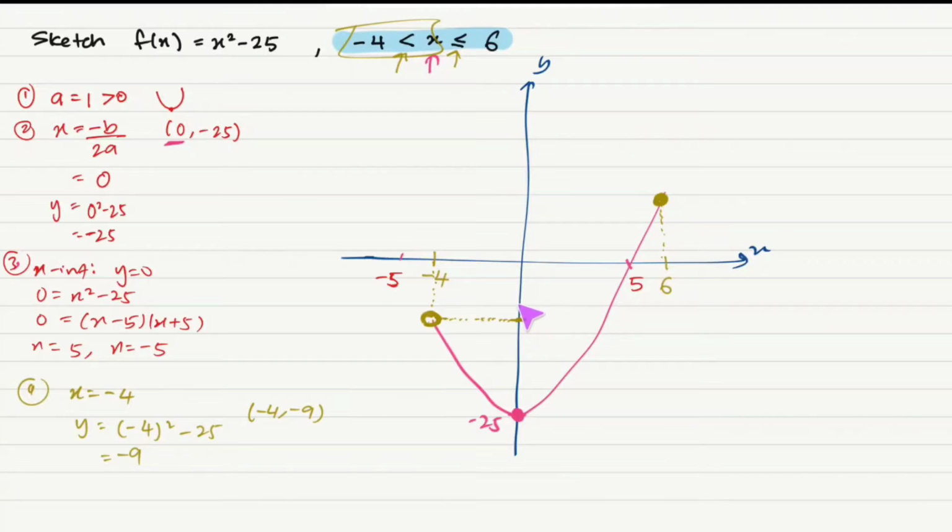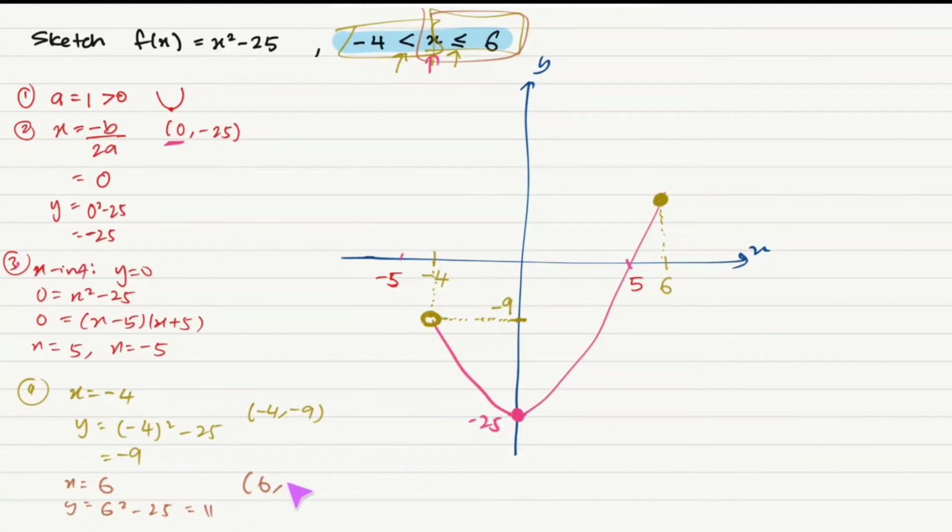So plot your point here and write your number -9 so that it's easier for us to look at the range later on. And the other endpoint is x equal to 6. So just replace the value of x with 6. 6 squared minus 25 is equal to 11.